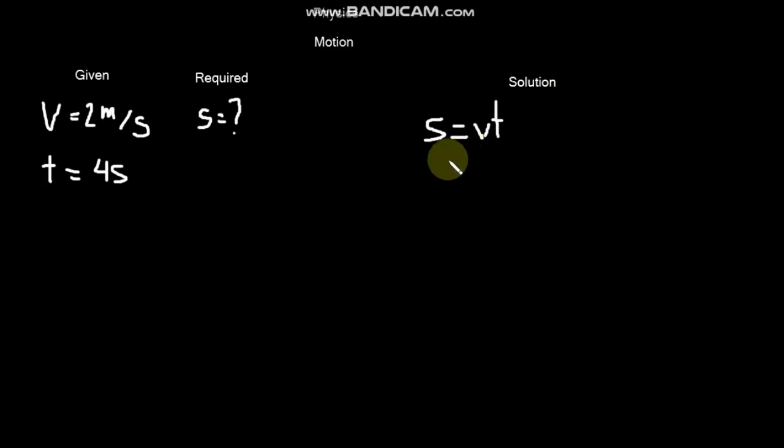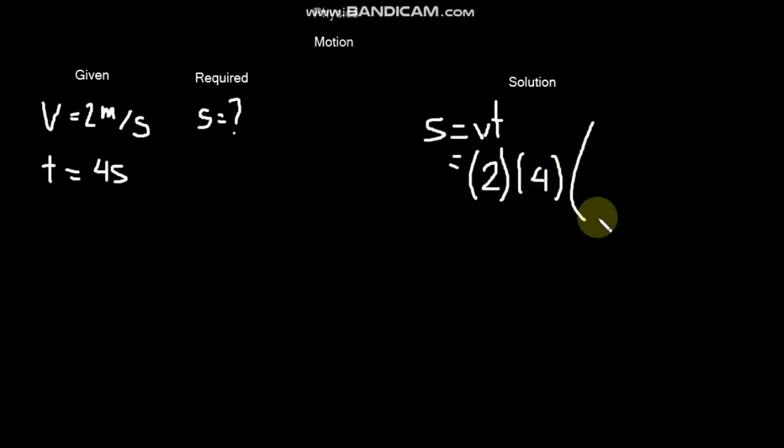So the given, we had a velocity, a speed of, let me just make it 2. I will tell you why I just wrote 2. And 4. And let me show you how you get meter at the last one.